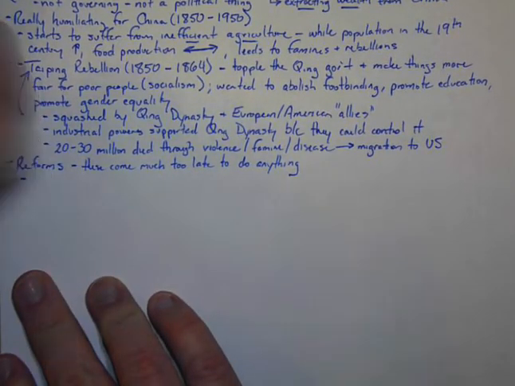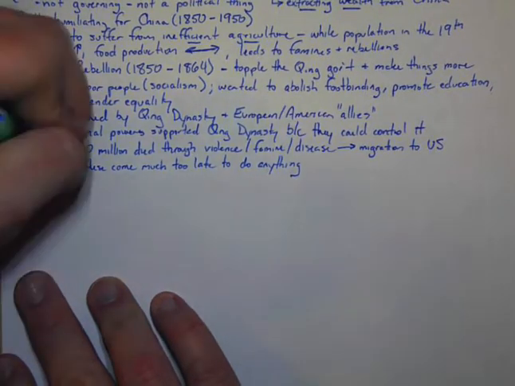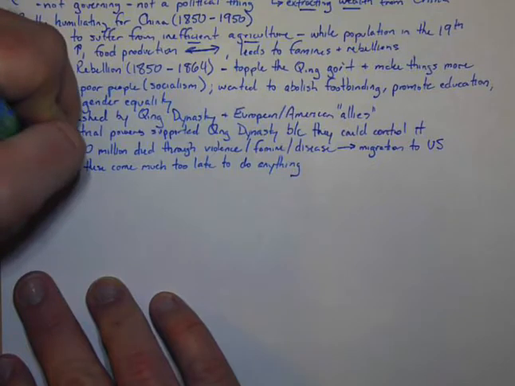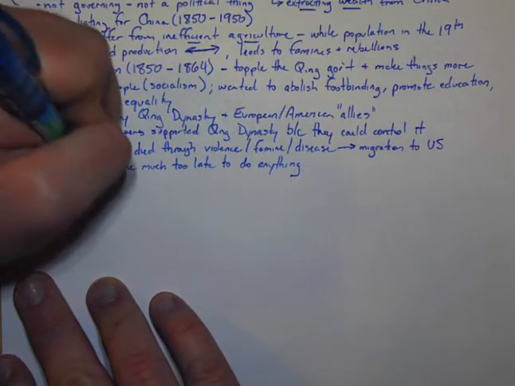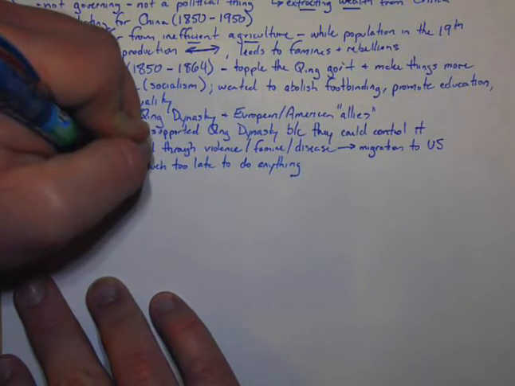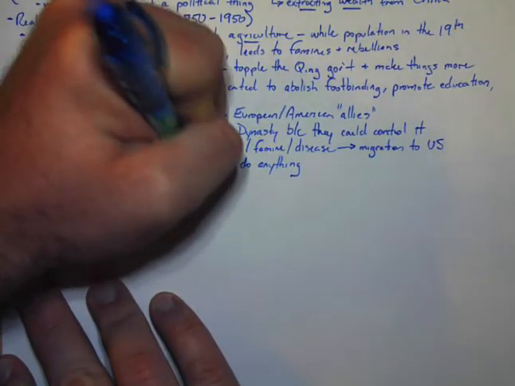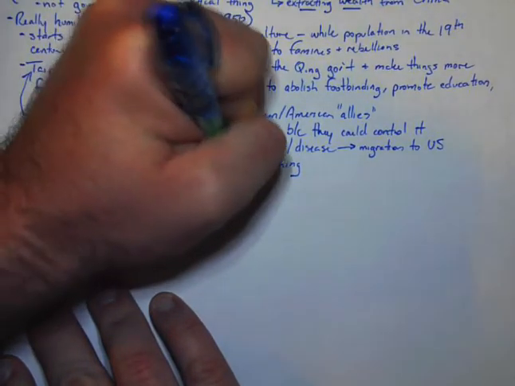So there were a few attempts to try to reconcile Confucianism with Western ideas and industrialization.